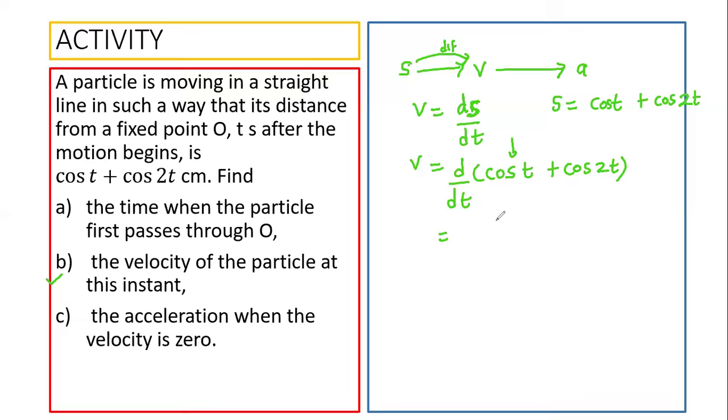Something is missing. When you differentiate, negative sine t. Negative sine t, good. That's negative sine 2t. Negative 2, good. Negative 2 sine 2t. Thank you.